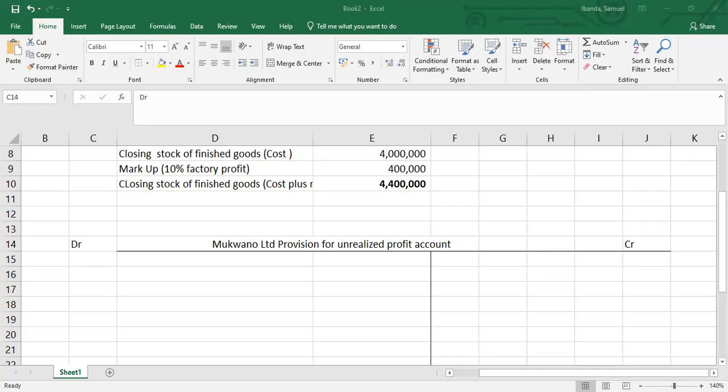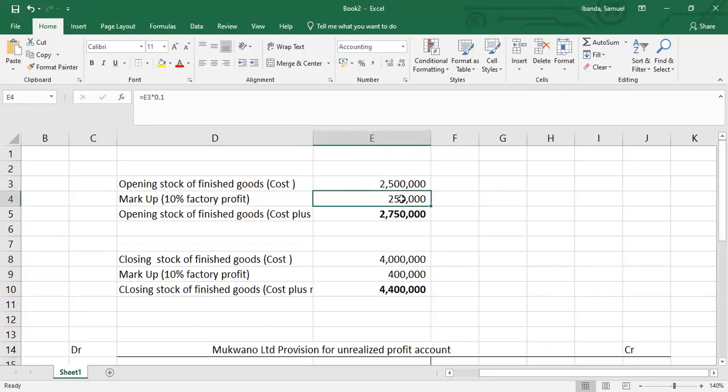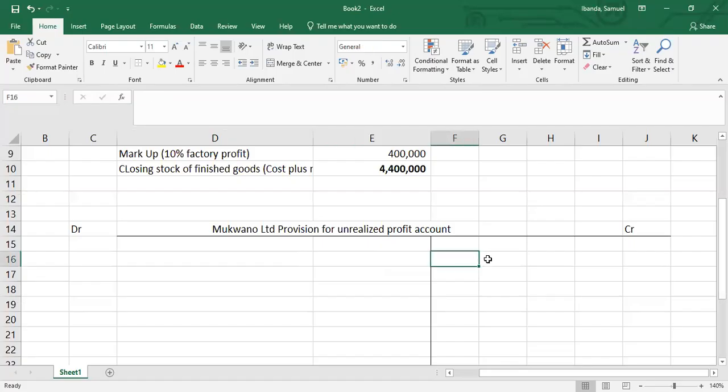So like I've said, provisions have a normal credit balance. So it means that the unrealized profit on opening stock will actually be a balance brought down on the credit side, okay?